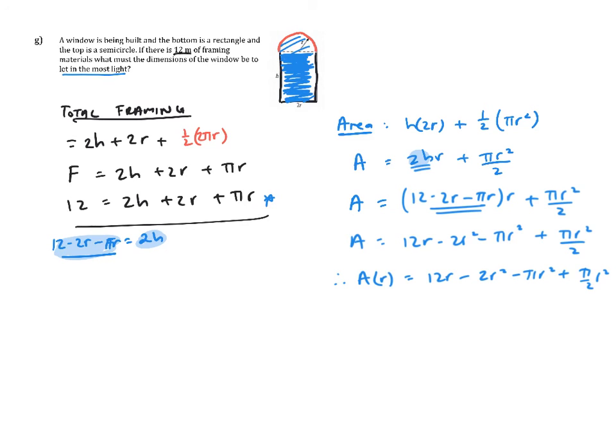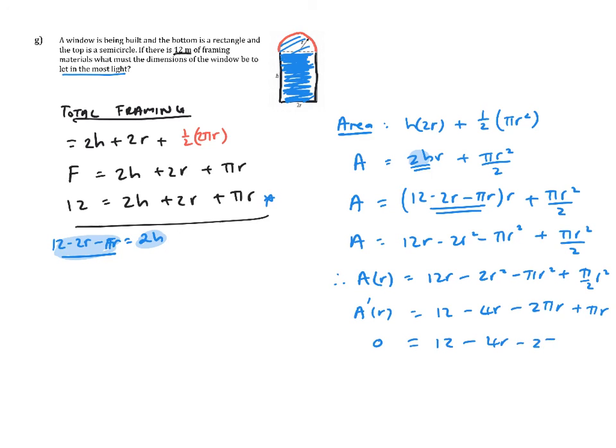You've got minus pi r squared plus a half pi r squared, which of course equals minus half pi r squared. But if you didn't see that immediately, because that is a bit of a notch up, you can find the derivative. So that's 12 minus 4r minus 2 pi r plus pi, since 2 times pi over 2 is pi, so it's pi r, and you let the derivative equal 0.